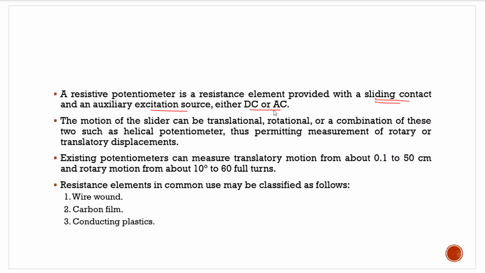In the case of passive transducers, I said to you that we need an external source of electrical energy that will result in a proportional change in the output of the device that we can measure.